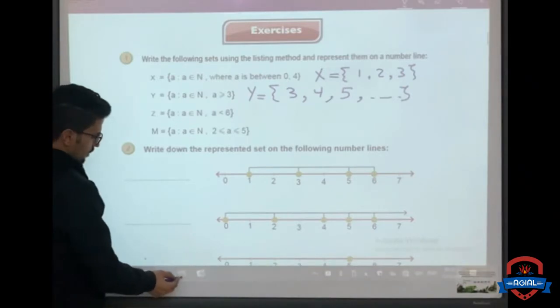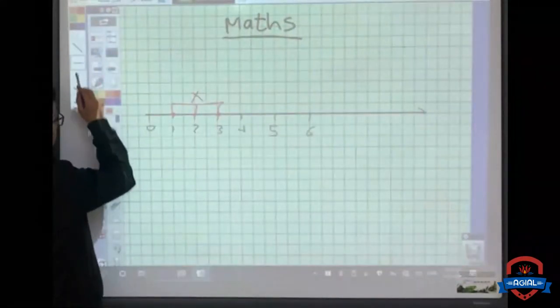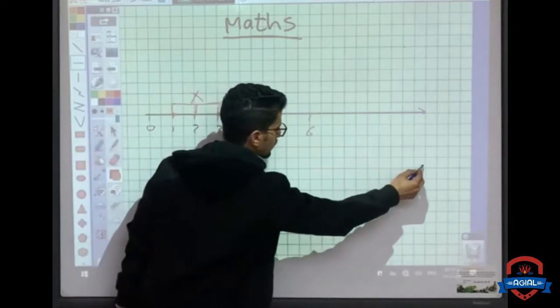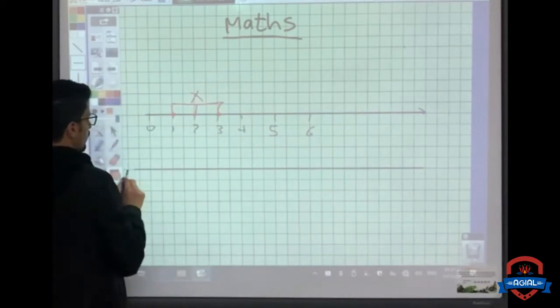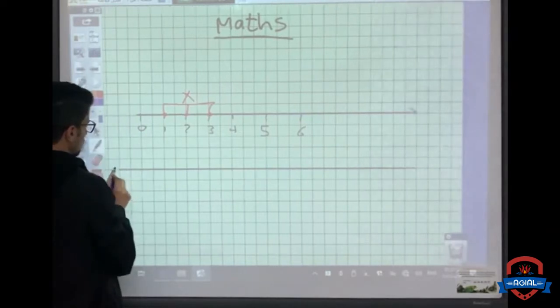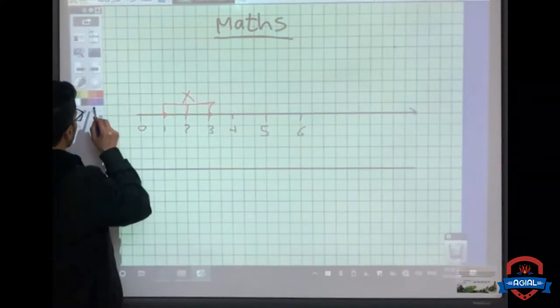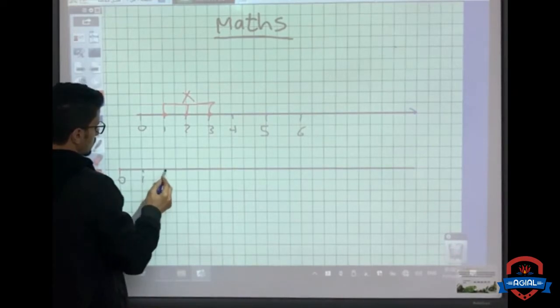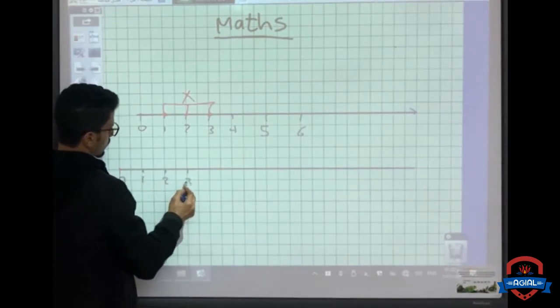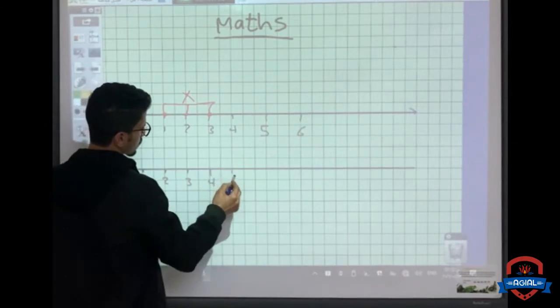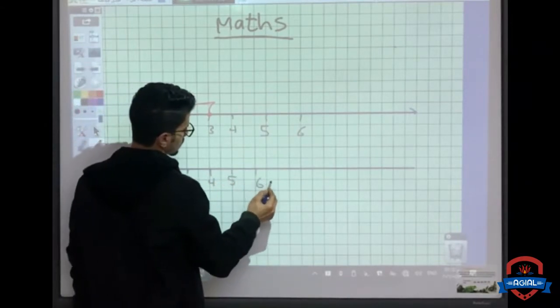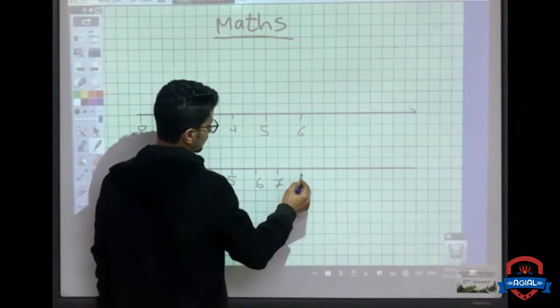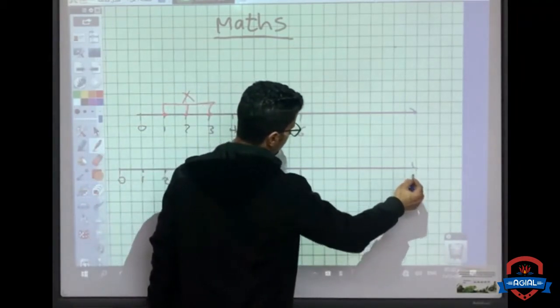So we have to draw our number line. We draw this line, and then we start with the start point 0 and we have no end point. We have 0, 1, 2, 3, 4, 5, 6, 7, 8, and so on.